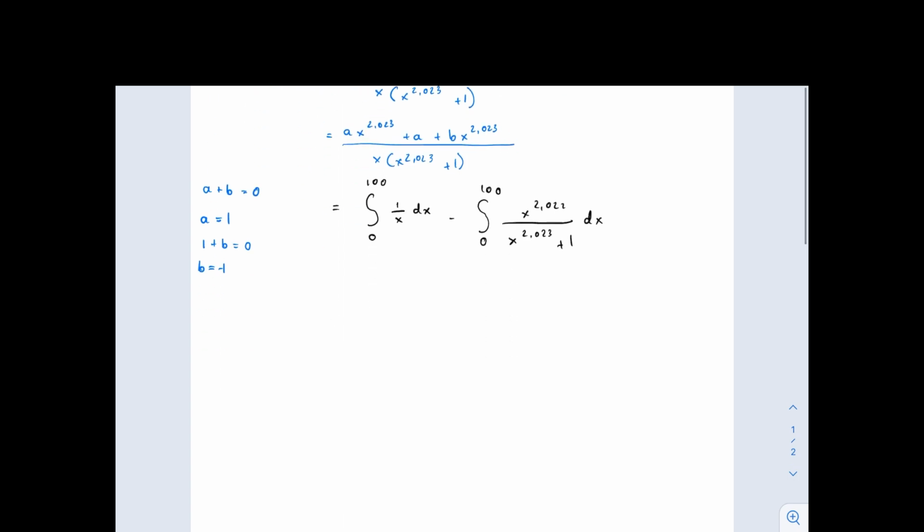The first integral on the left appears to be a fairly standard integral, and you end up with the natural log of the absolute value of x evaluated at 0 and 100.